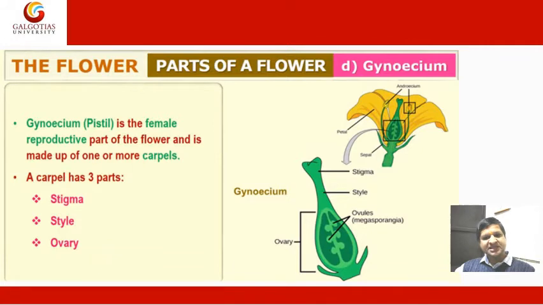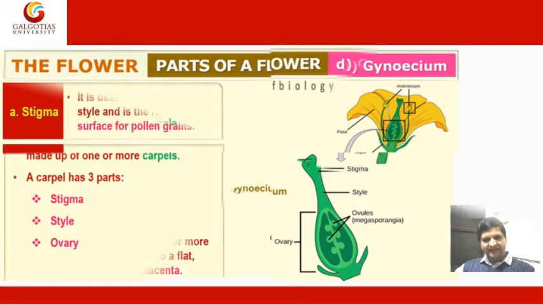Gynoecium. Gynoecium, you can also say the pistil, is the female reproductive part of the flower and is made up of one or more carpels. Carpels have three parts. First is stigma, second is style, third is ovary. If you see the picture, you can easily understand the stigma, style and ovary.